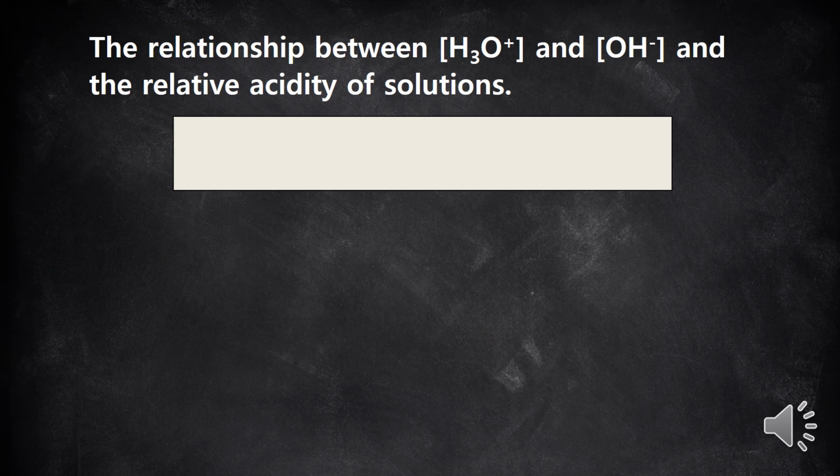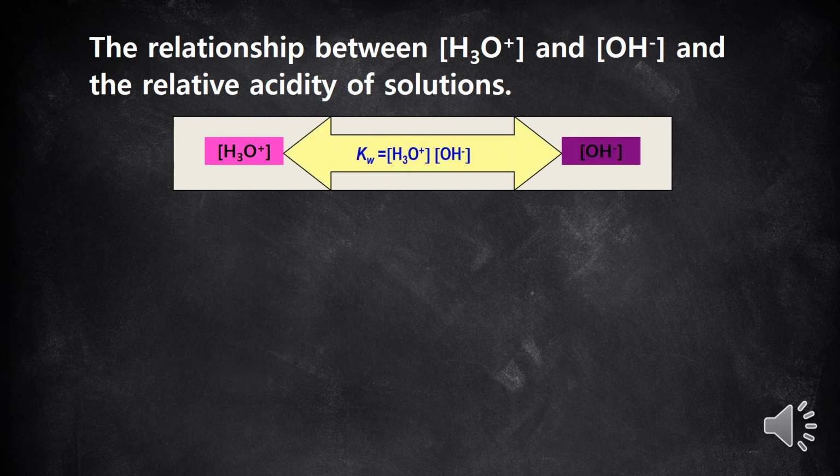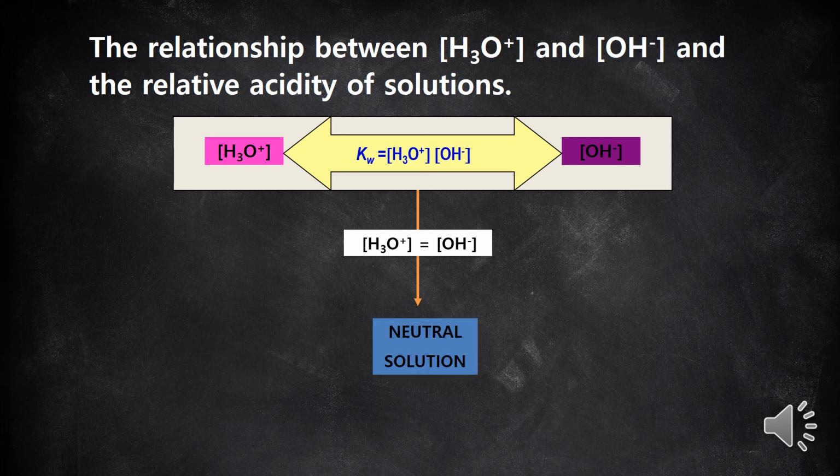The relationship between concentration of hydronium ion and hydroxide ion and the relative acidity of solution. If the concentration of hydronium ion and hydroxide ions are equal, we can say that the solution is neutral solution with the value of pH equal to 7.